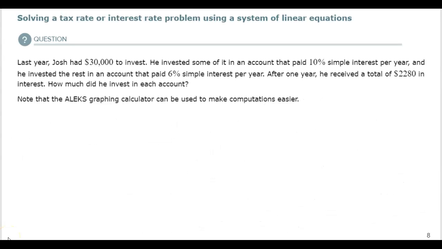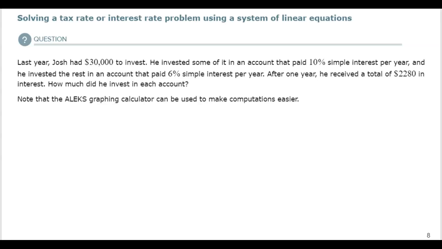So last year Josh had $30,000 to invest. In one account it paid 10%, the other account it paid 6% interest. And he got 2,280 in interest. How much did he invest in each account?